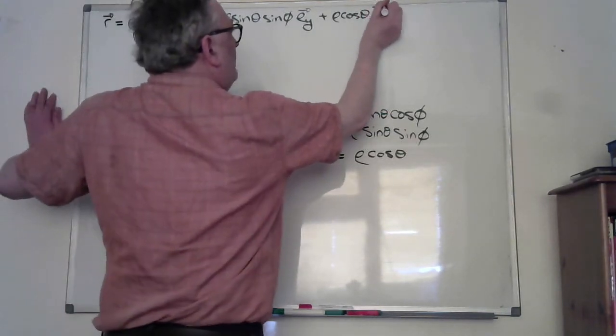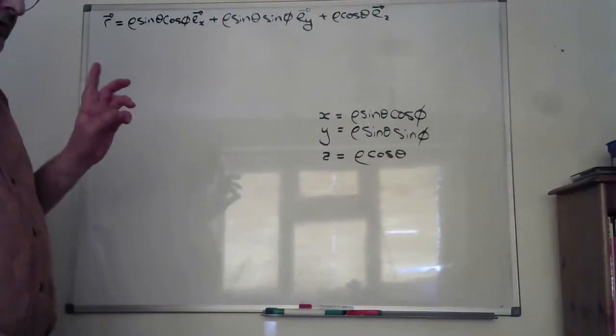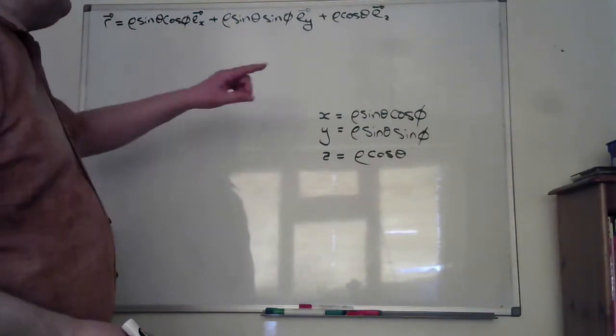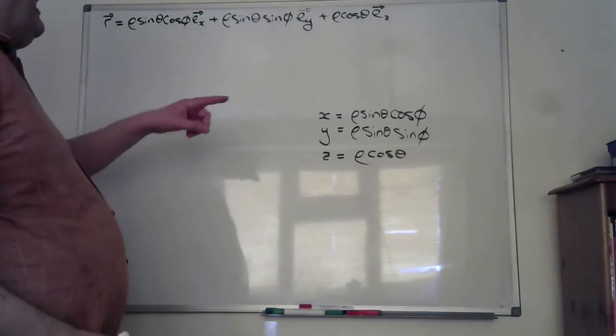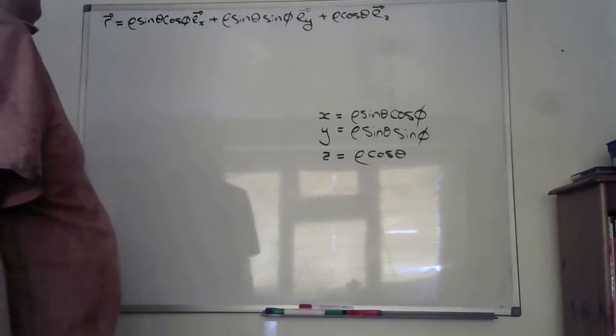And that is the position vector of that point on the sphere that I've just rubbed off.